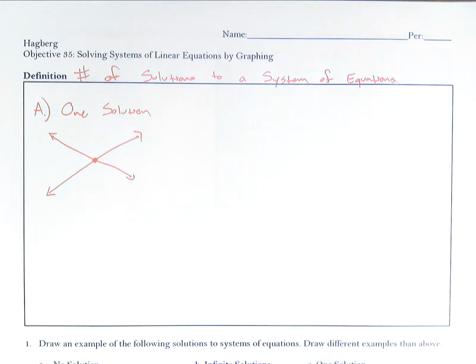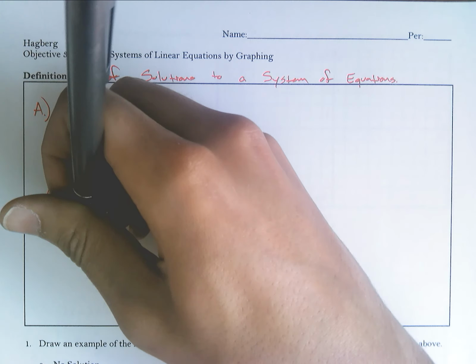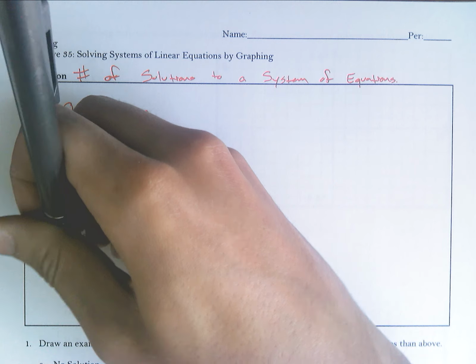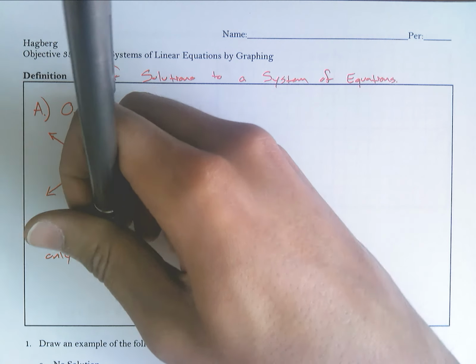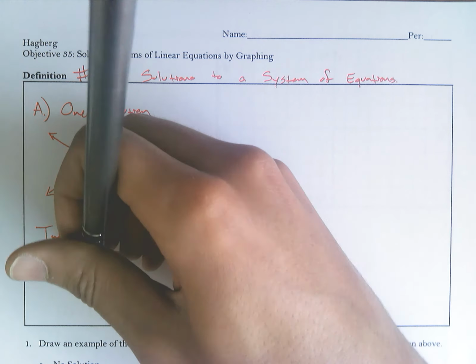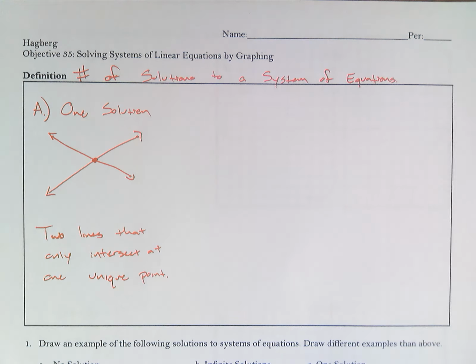So one solution is when we have two lines that only intersect at one unique point. Notice that these two lines intersect at one unique point, exactly one.